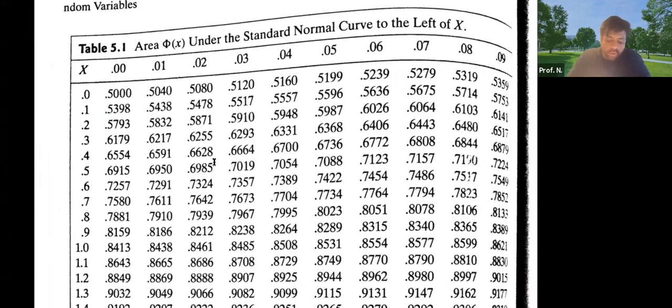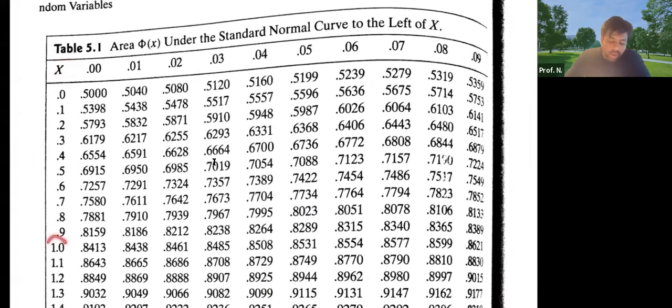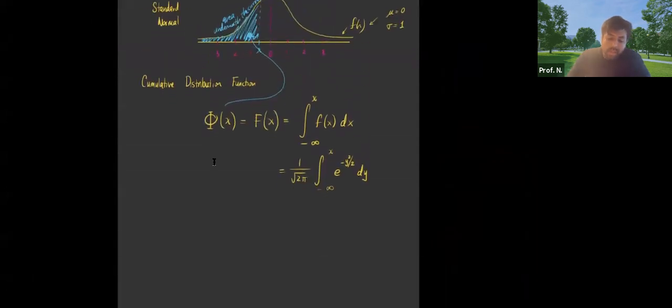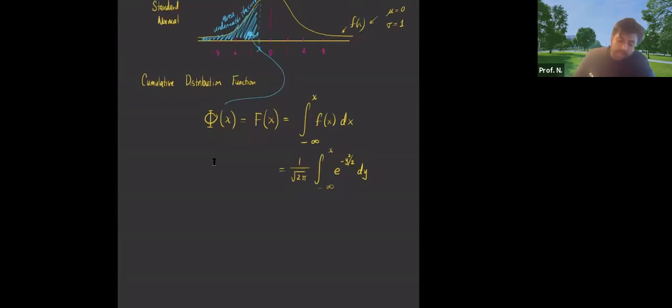Now, let's suppose we go to x being 1, at 1.00. What does that mean? What am I calculating? I'm calculating this entire area here.